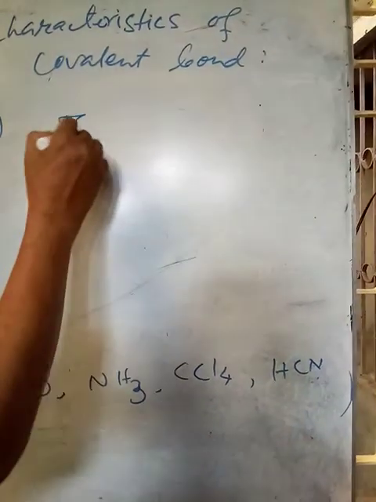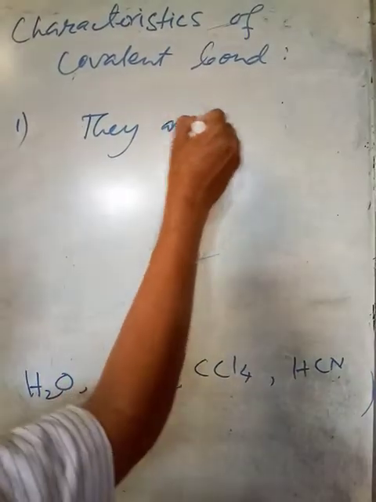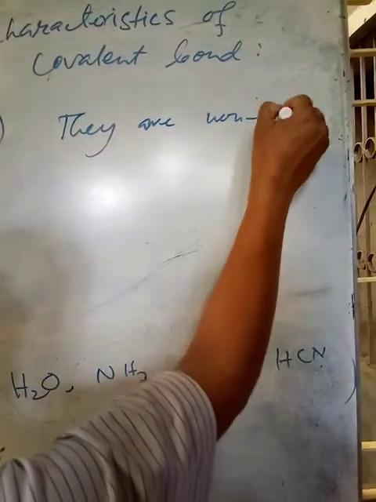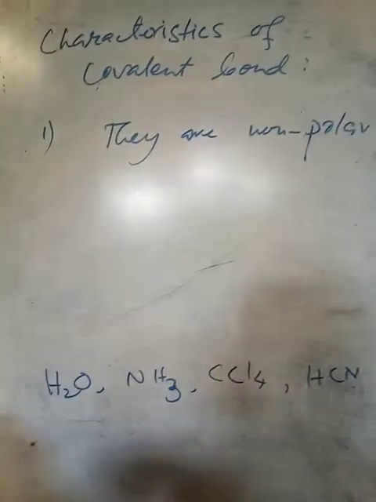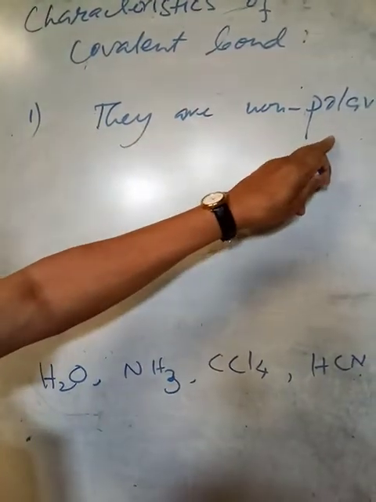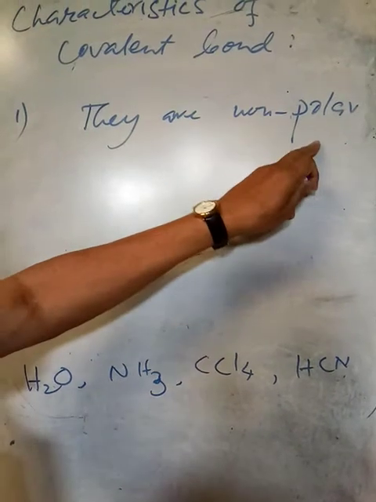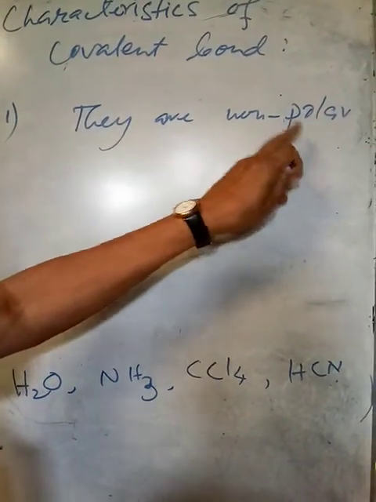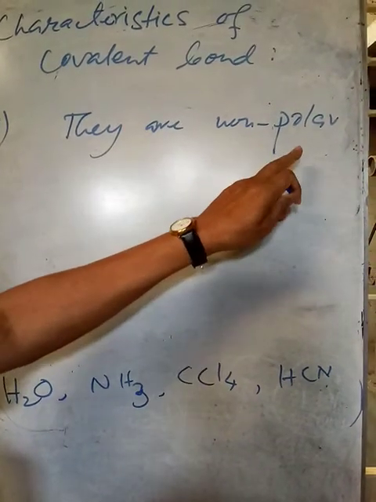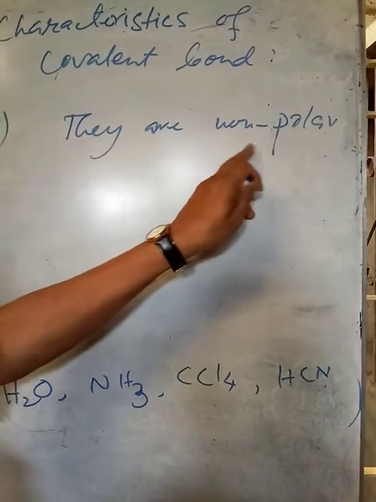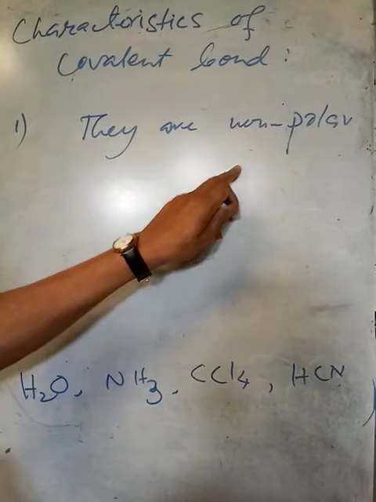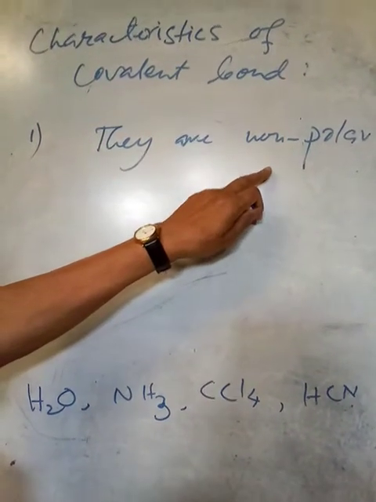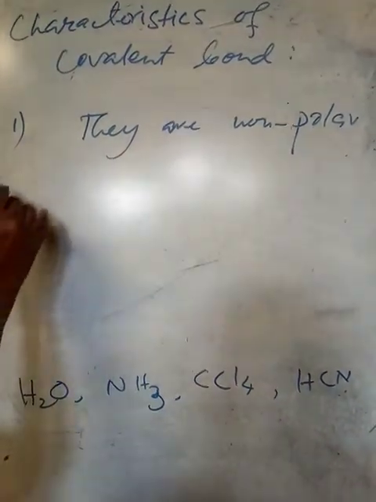They are non-polar, as there is no transfer of electrons. No atom becomes either positive charge or negative charge. Positive charge means positive pole, negative charge means negative pole. As there is no charge, electrons are equally shared by 2 atoms, so they are non-polar.